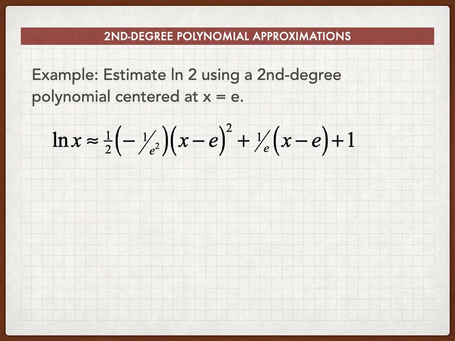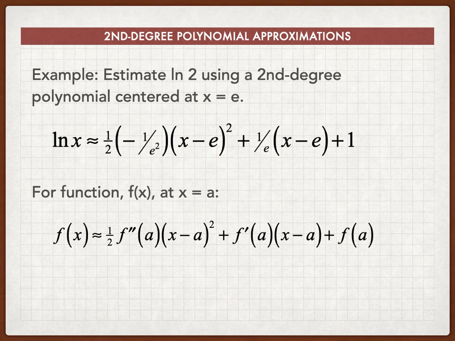Here's our second degree approximation. We have 1/2 y double prime at e times the square of the quantity x minus e, plus y prime at e times x minus e, plus ln e.